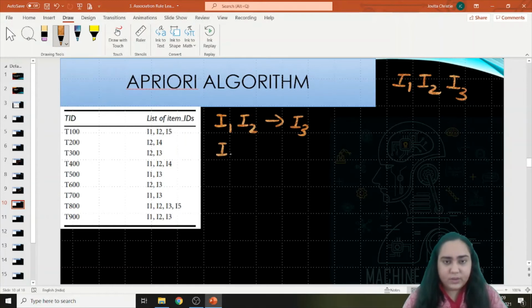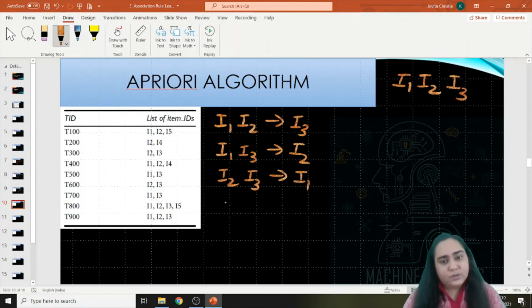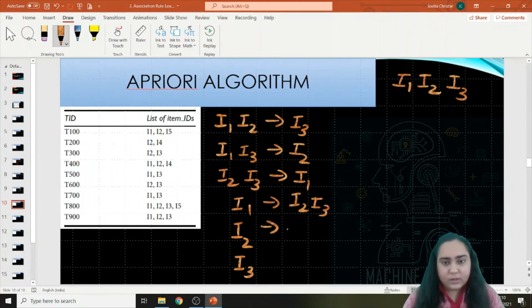You can also have I1 and I3 given I2. You can have I2 and I3 given I1. And you can also have the opposite, which means you can have I1, I2, and I3 on this side. And on the other side, you can have I2 and I3. You can have I1 and I3. You can have I1 and I2.